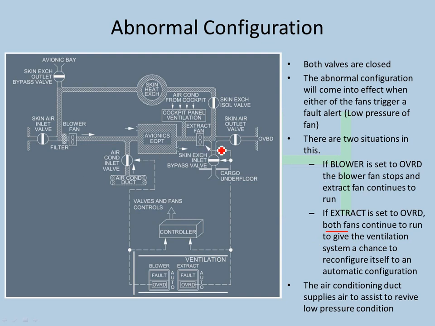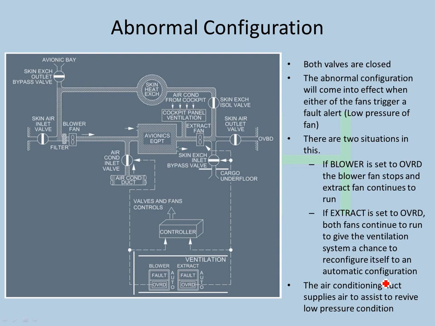Blower fan stops, but extract and both fans continue to run. Why? This gives the AEVC a chance to reconfigure the ventilation system to an automatic configuration. That is why this is specifically done like that.